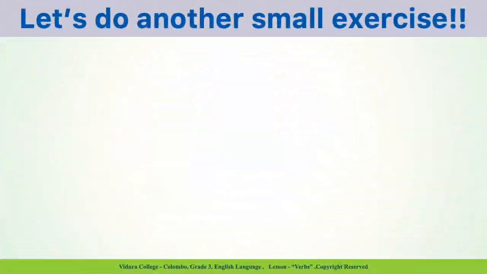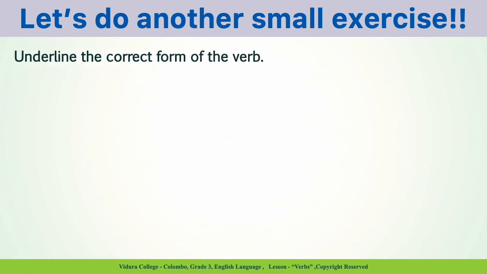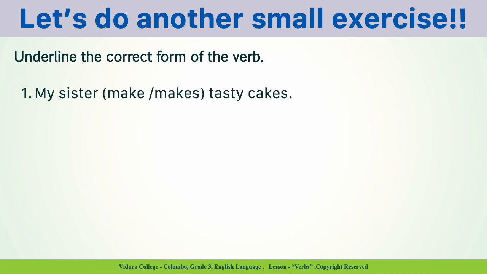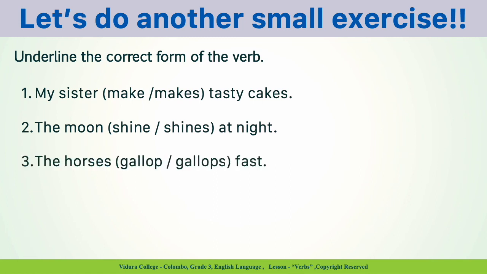Let's do another small exercise. In here, you have to underline the correct form of the verb. First one. My sister make or makes tasty cakes. Second one. The moon shine or shines at night. Third one.